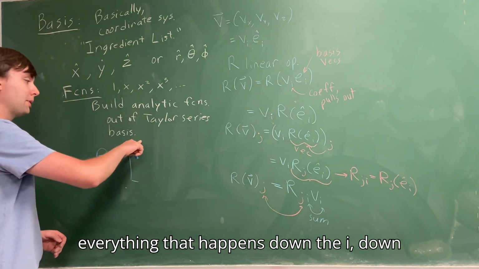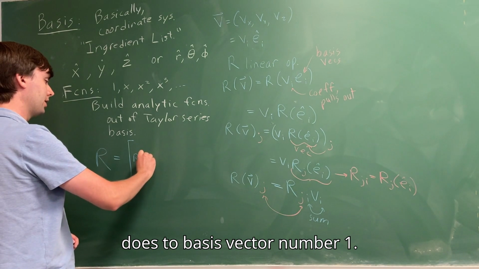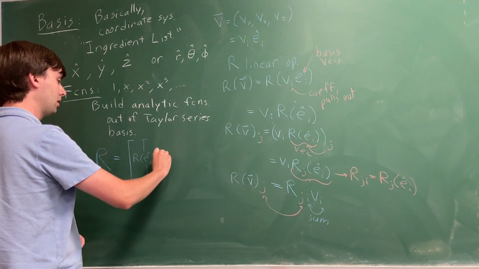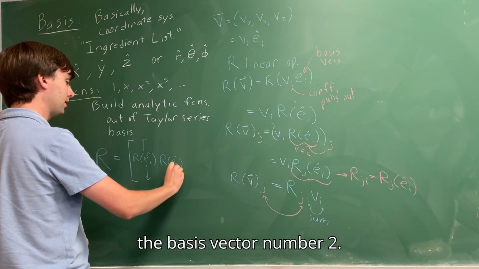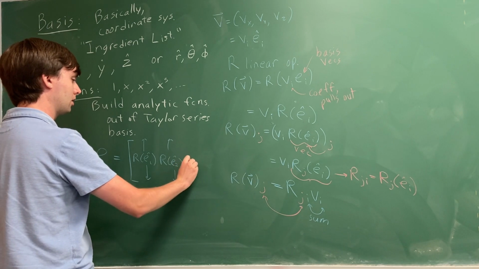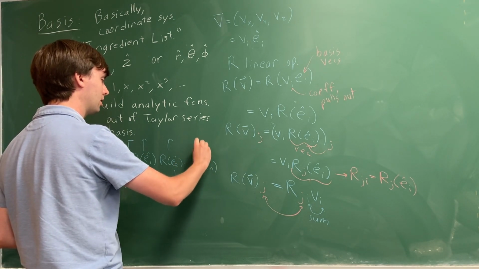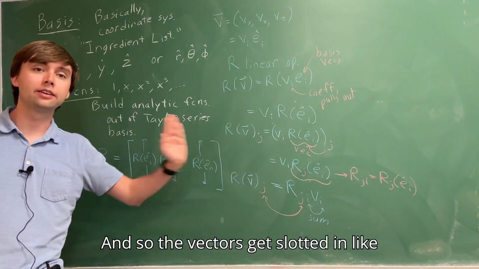So everything that happens down the i, down the first column, is what R does to basis vector number 1. The next one is what R does to basis vector number 2. Down the line to whatever R does to basis vector number n. And so the vectors get slotted in like that.